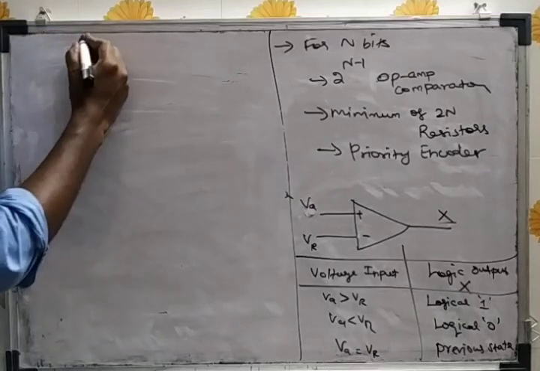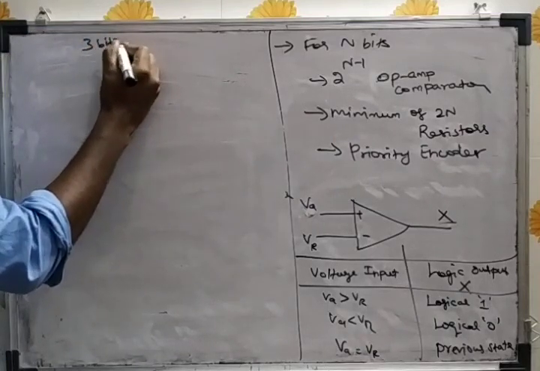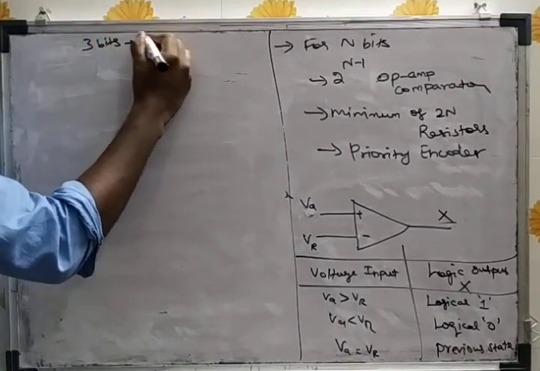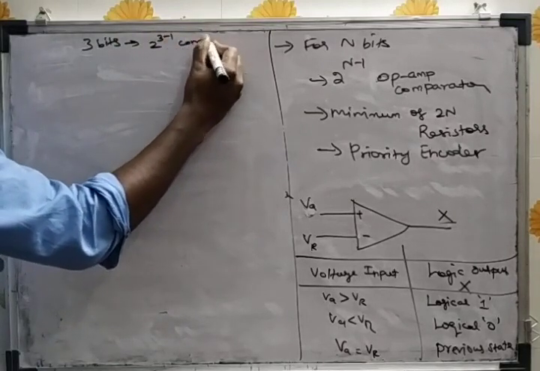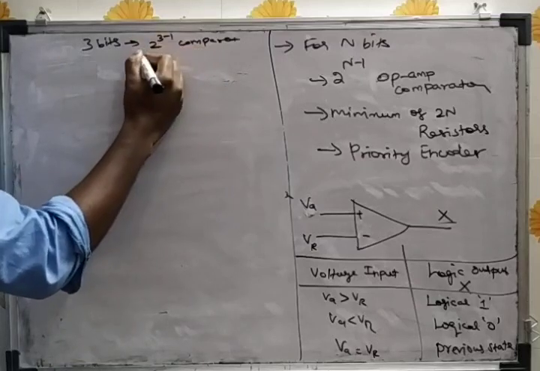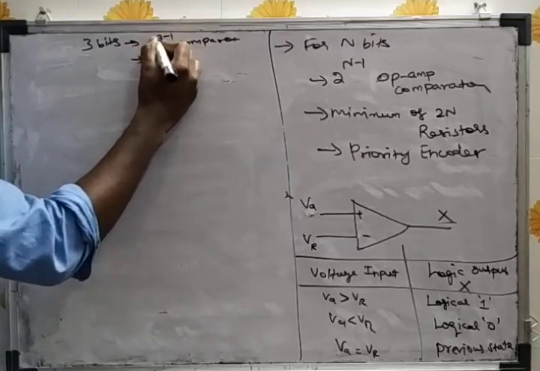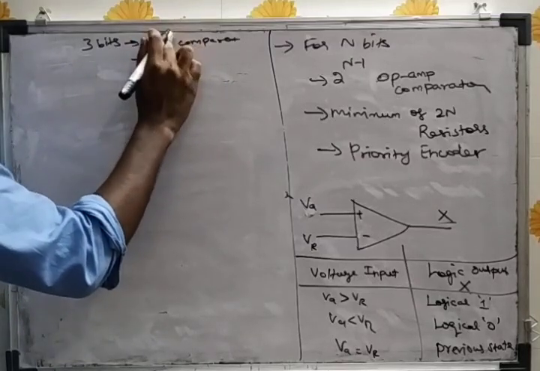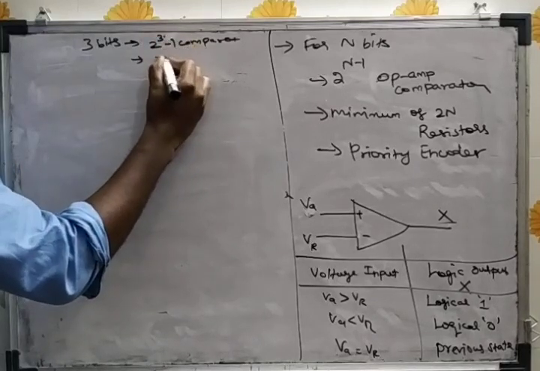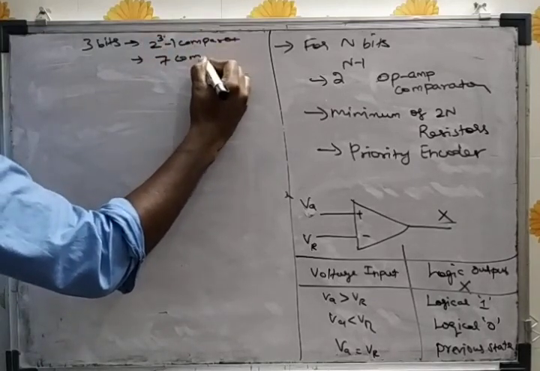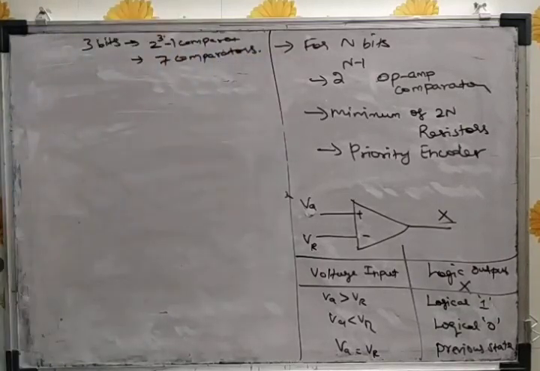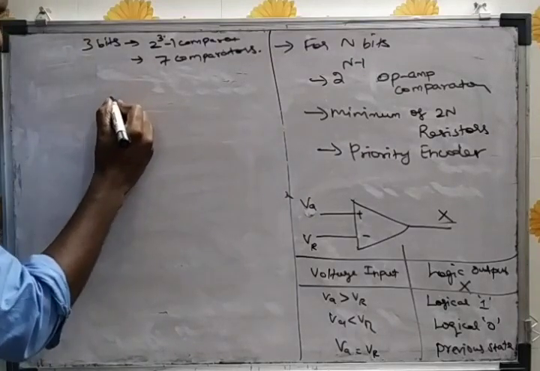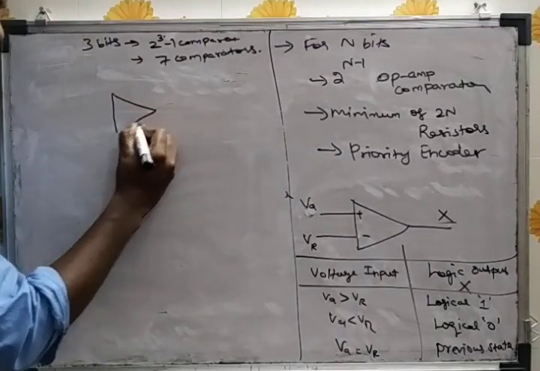For 3 bits we need 2 power 3 minus 1 comparator circuits. So 2 power 3 minus 1 means 7 comparators are required. I am drawing 7 op-amp comparator circuits.